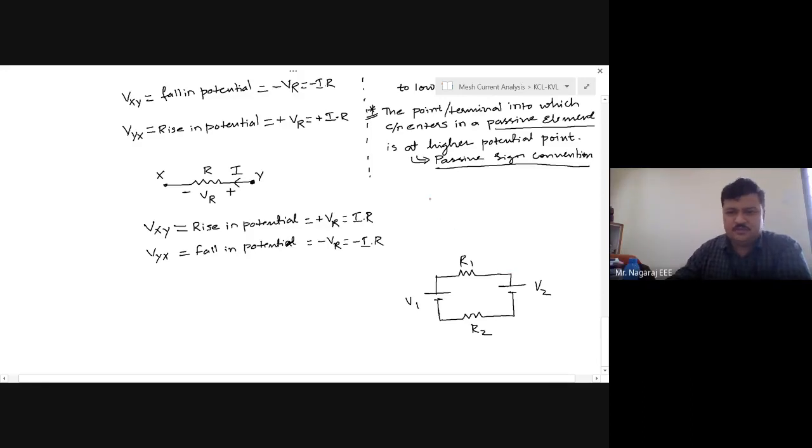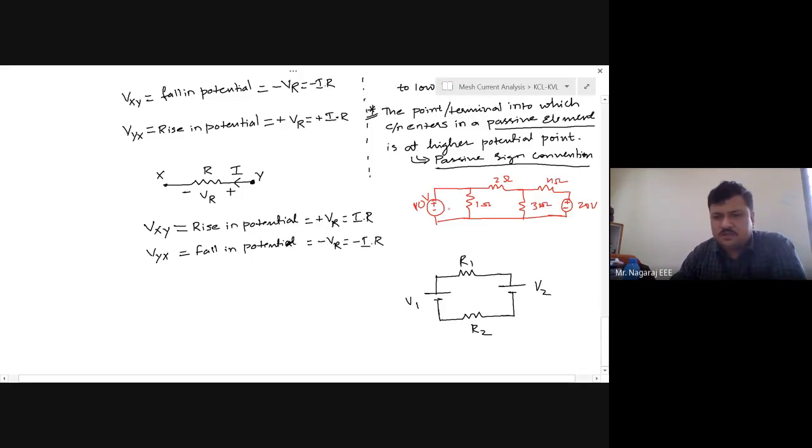The same thing has to be done in larger circuits also. Now I have this circuit, say 10 volts, 20 volts, 1 ohm, 2 ohm, 3 ohm, 4 ohm.